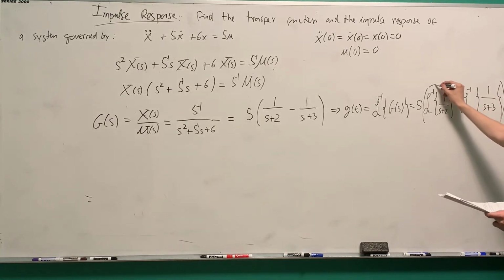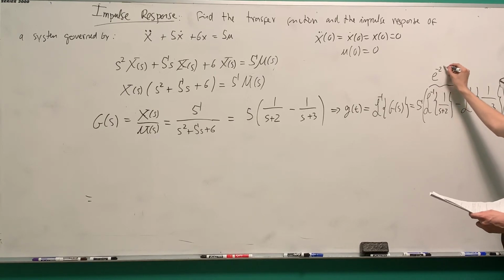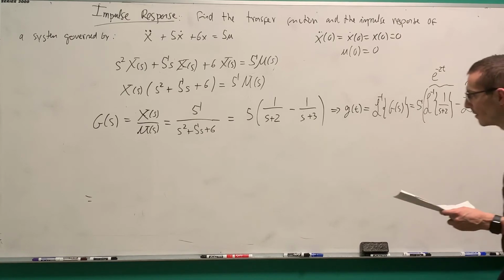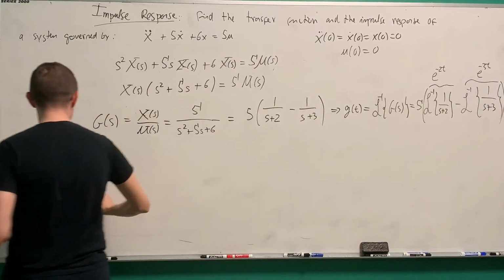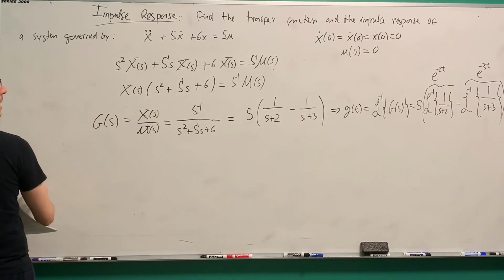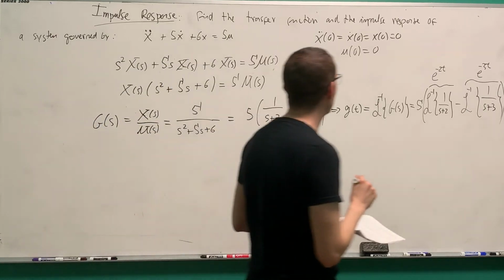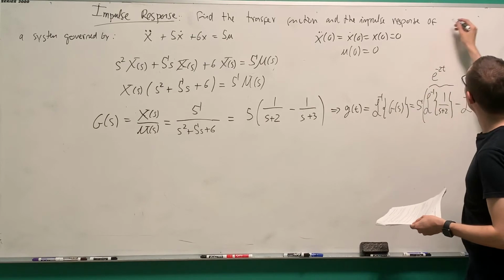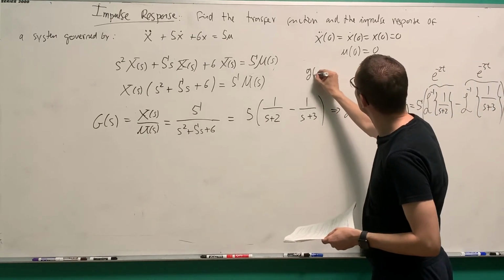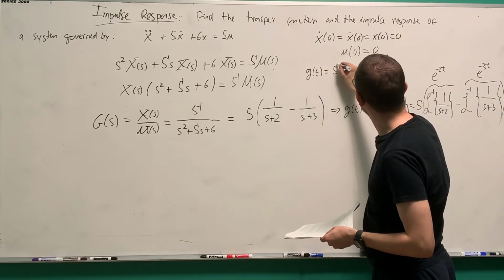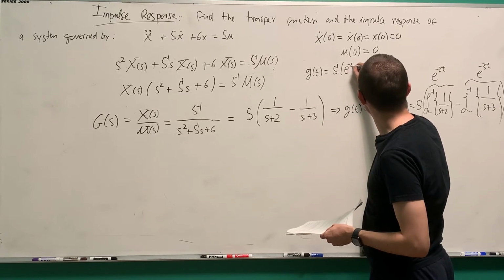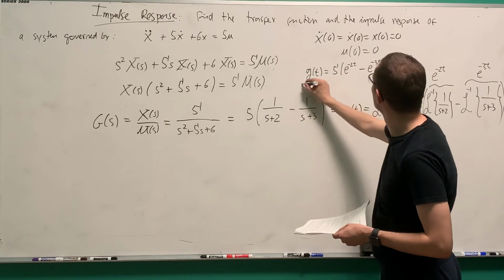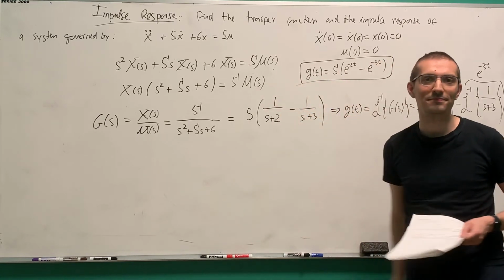This thing is the exponential of minus 2t, and this thing is the exponential of minus 3t. I want to do the impulse response here, so I'll write it here. Finally, g of t is equal to 5 times exponential of minus 2t minus exponential of minus 3t.